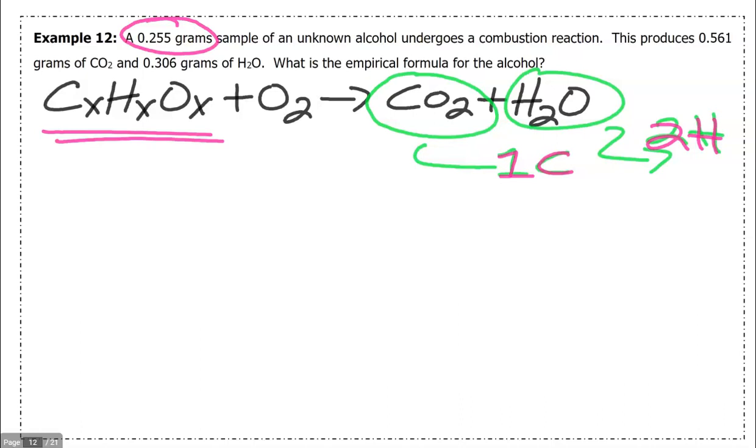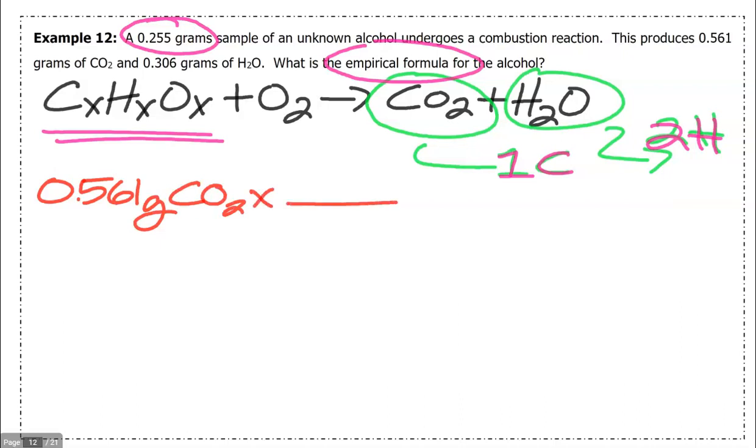Okay, so the problem starts the same. It's an empirical formula problem, so we're going to start by converting into moles. We only have 2 values, and we're going to use those. We have a carbon dioxide value of 0.561 grams, and that's going to go into moles.